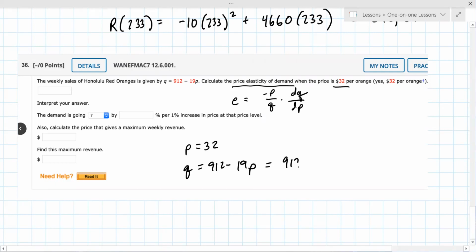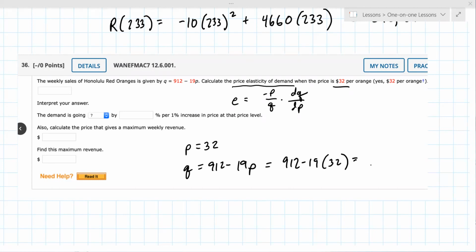Okay. So that's 912 minus 19 times 32. So let's just get that number right now. I'm sure that's how you would do it on the exam. You would grab your calculator and calculate this. 912 minus 19 times 32.